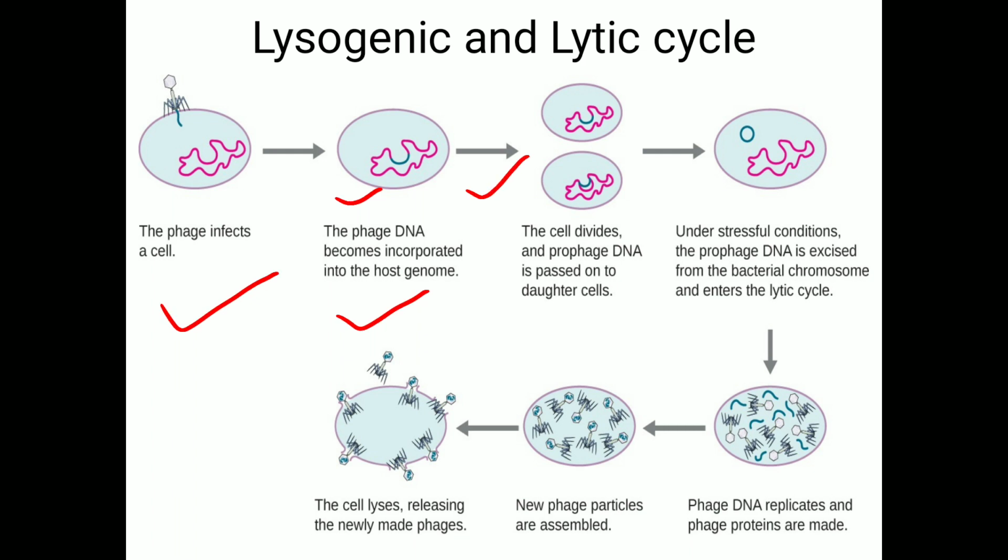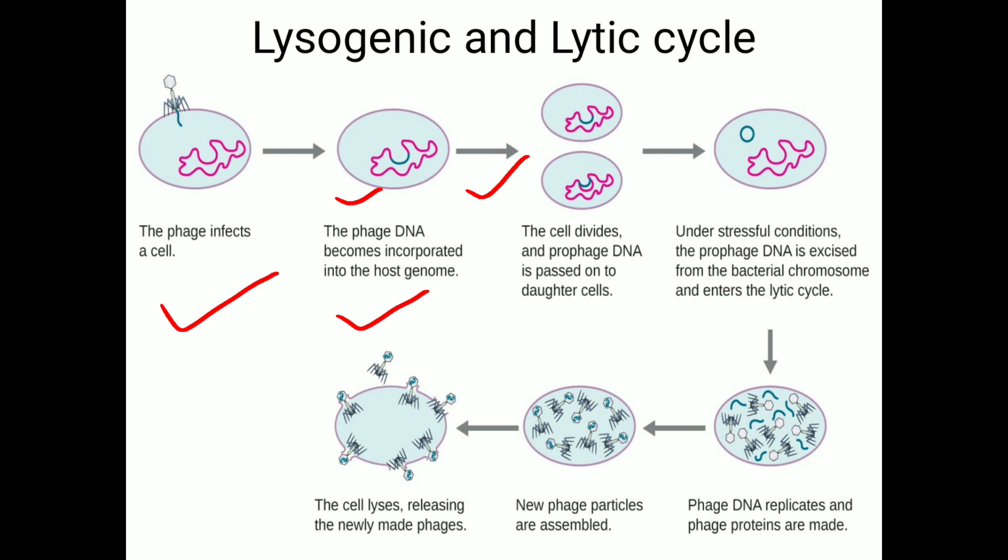Next, the cell divides by binary fission, which is a method of reproduction of bacteria. During the fission, replication of the host DNA and the viral DNA takes place.